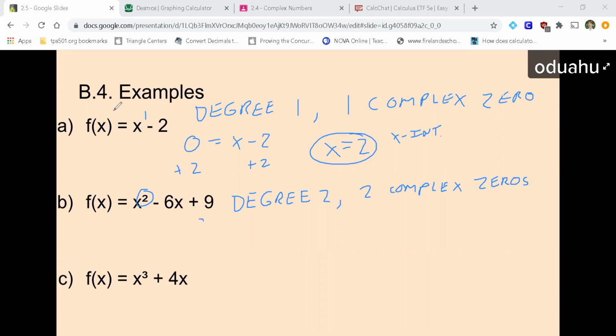If we set this equal to 0 to find out what they are, we could factor or do the quadratic formula.